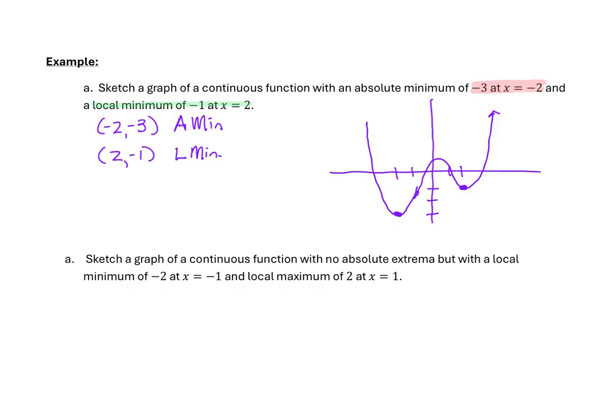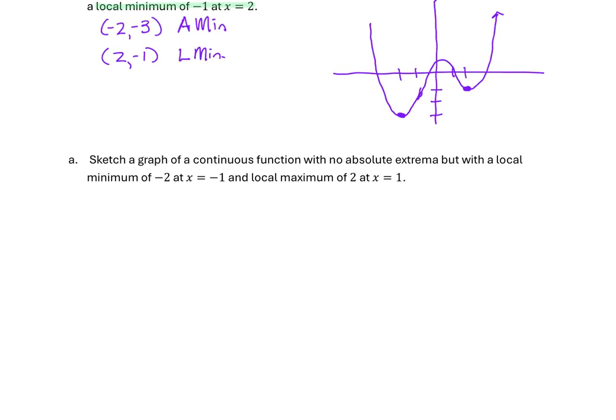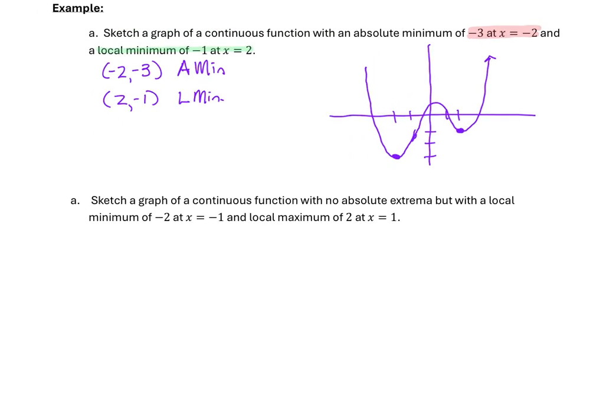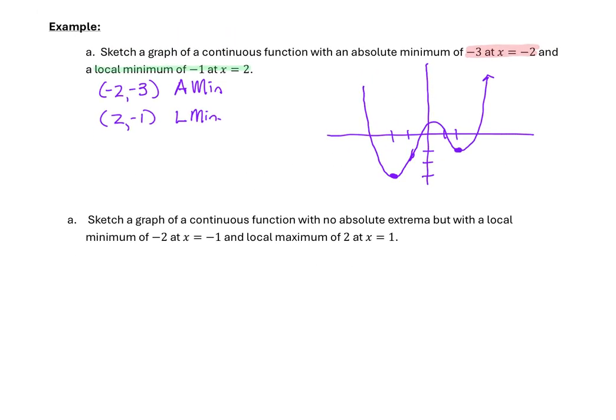All right, let's go ahead and try another example. We want to sketch a graph of a continuous function, and we are told no absolute extrema. And so what that means is, remember that we don't have absolute maxes or mins if it goes down forever on one side and if it goes forever up on the other side.